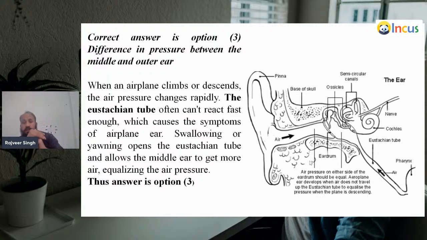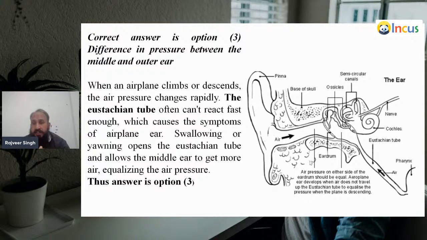Now, if we see the internal structure, from outer to inner, the pinna is the first part, then the air enters the internal auditory meatus. Above this part we can say the base of the skull, and below we can say the bones, and the eardrum is present at the start of the air cavity.